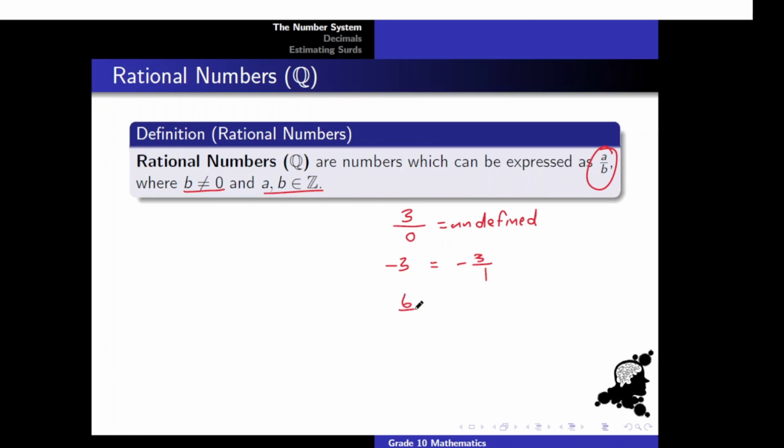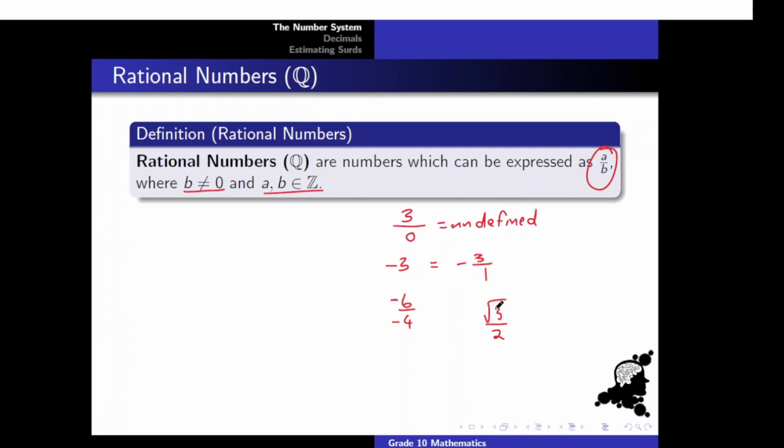I can have 6 over 4. Notice it's in the form of a fraction. This is an integer, this is an integer, so that's good to go. This is still a rational number. But if I have something like the square root of 3 over 2, this is not a rational number. Why?